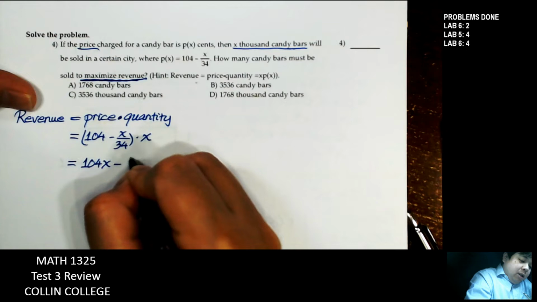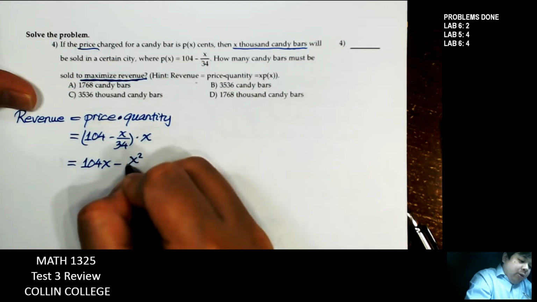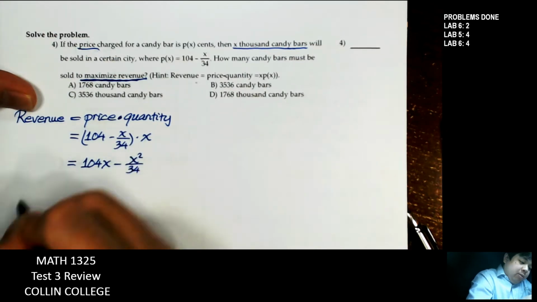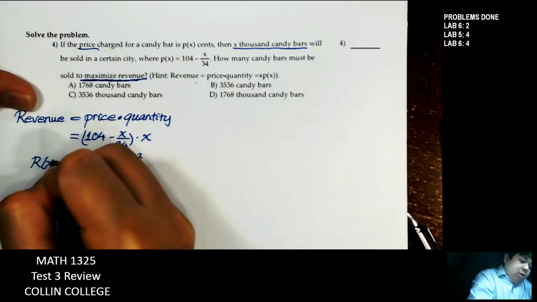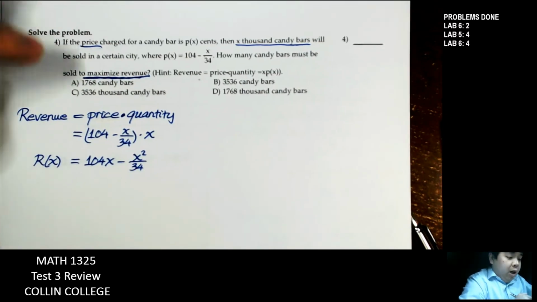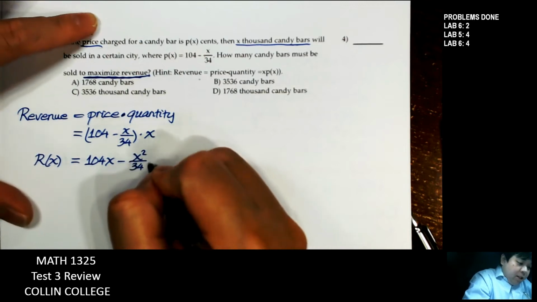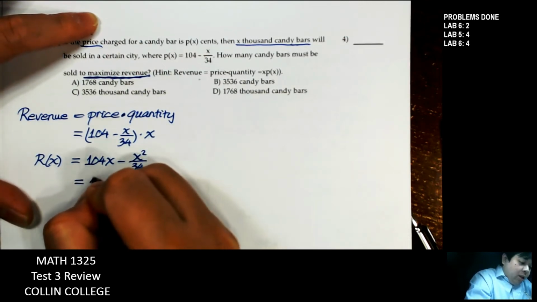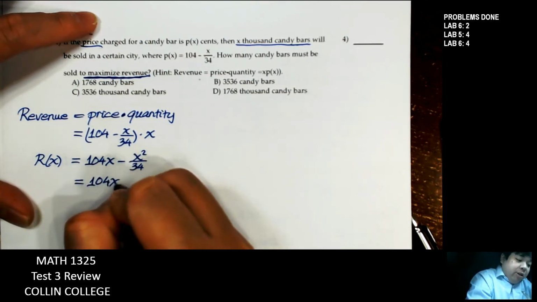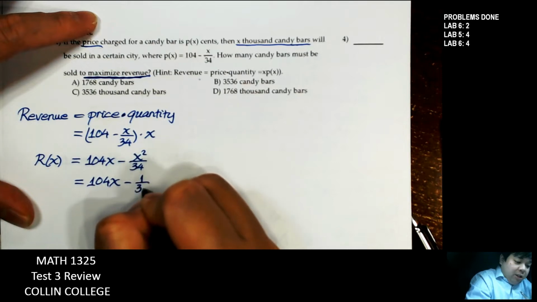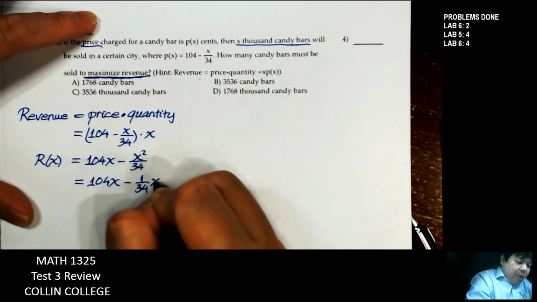The quantity will be x. I'll multiply it out: 104x minus x squared over 34. That is the function, the revenue function, of course, to be maximized.